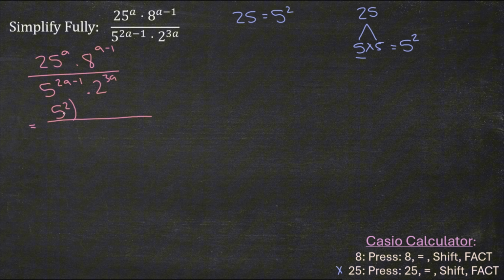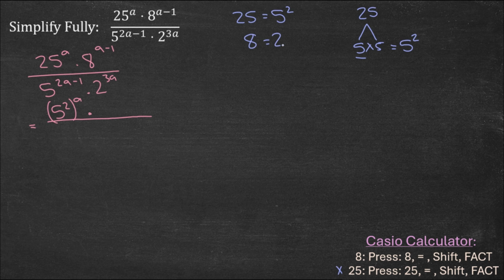Now, it's very important to write it in brackets, because this a here, which is the exponent of 25, applies to this whole 25. And this a that I'm going to write outside the bracket applies to that whole bracket that we've written down here. And this bracket is equal to 25. Now let's have a look at the 8. 8 is also one of those important conversions.